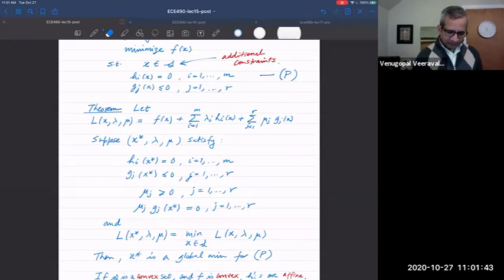conditions on the Lagrangian, and then separately making sure that if you confirm that something is a local minimum, then separately showing that it's a global minimum.